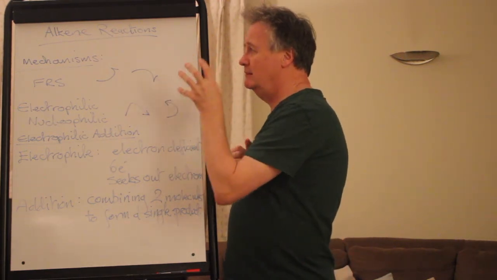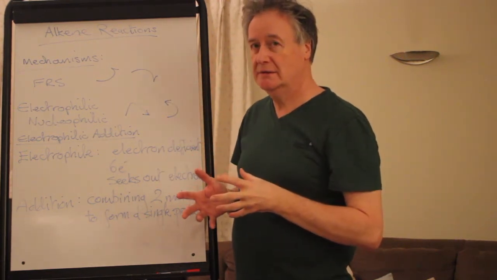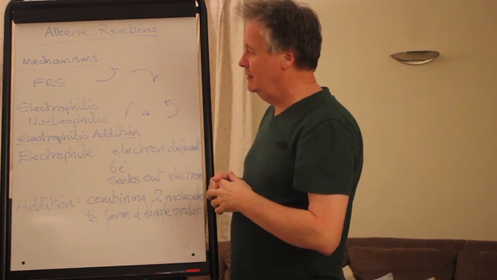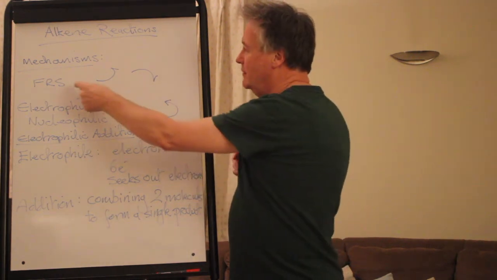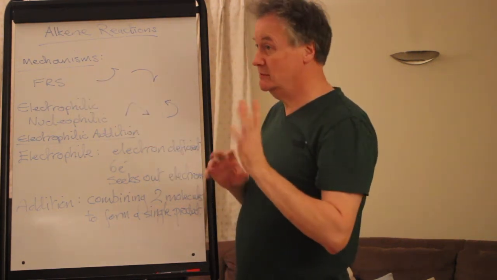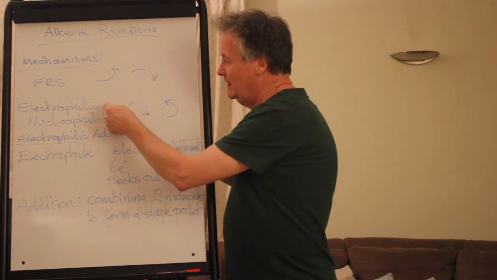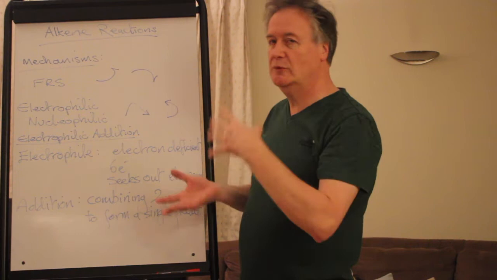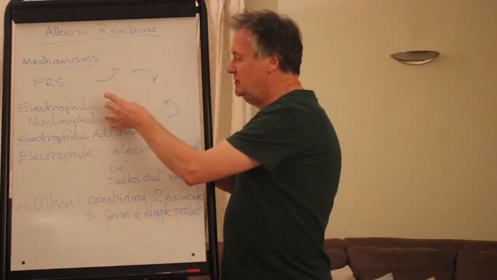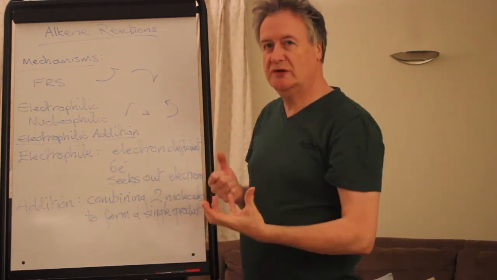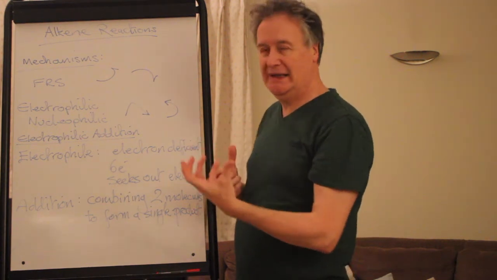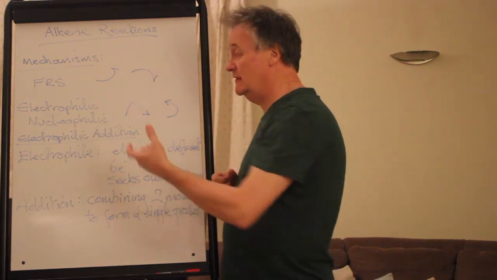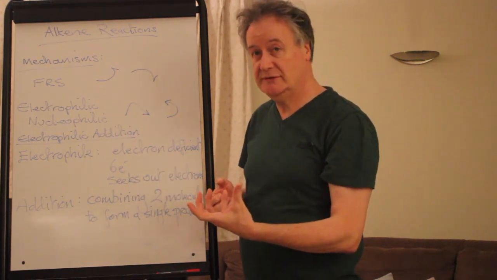When you talk about mechanisms usually, the two types of mechanisms you have, apart from this one special example, because it is quite special, it's the only time it occurs, are what's called electrophilic and nucleophilic. I'm not going to go into that because that's part of another video, but those are the two things you're going to be talking about with mechanisms. Electrophilic is something seeking electrons, nucleophilic is something seeking positive charge.